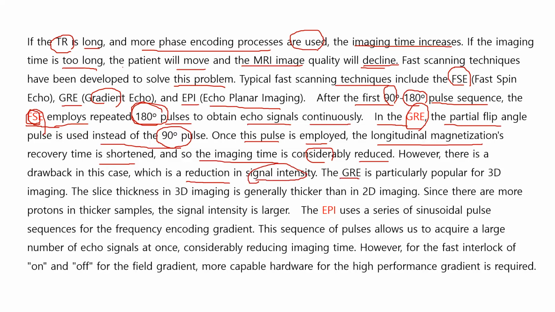The GRE is particularly popular for 3D imaging. The slice thickness in 3D imaging is generally thicker than in 2D imaging. Since there are more protons in thicker samples, the signal intensity is larger.